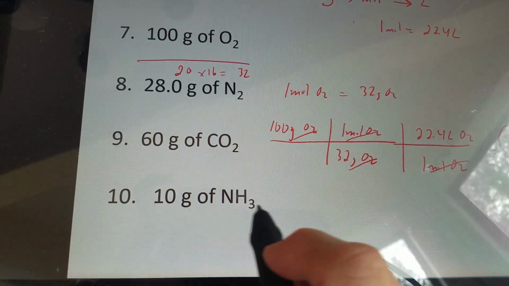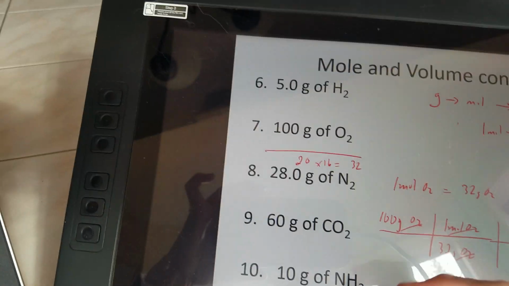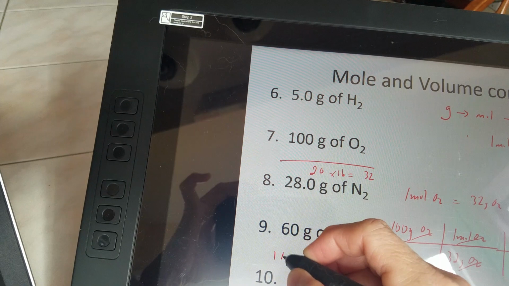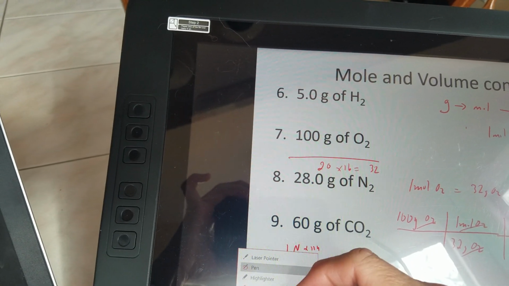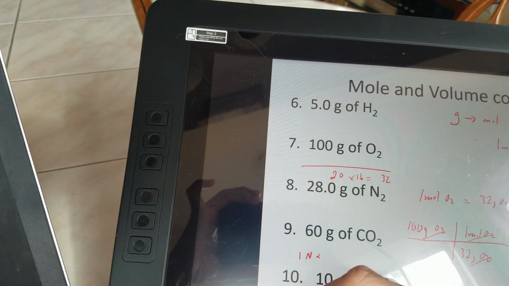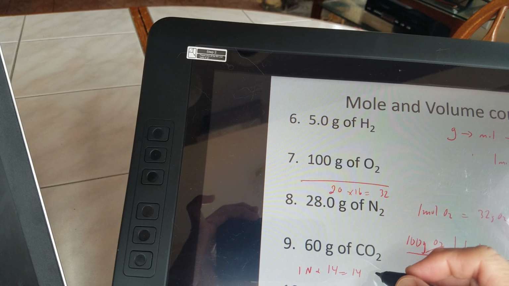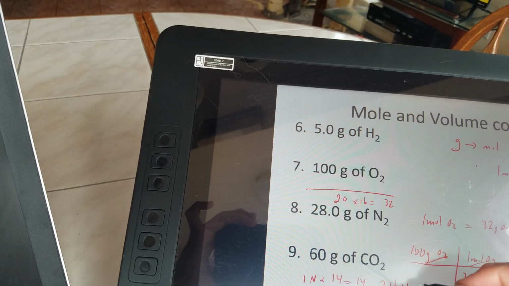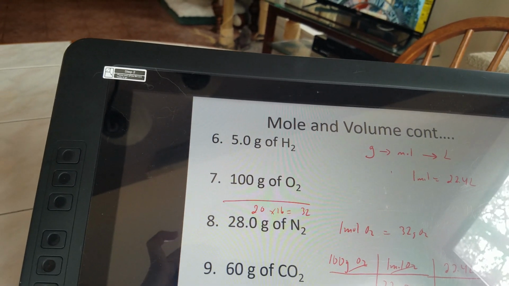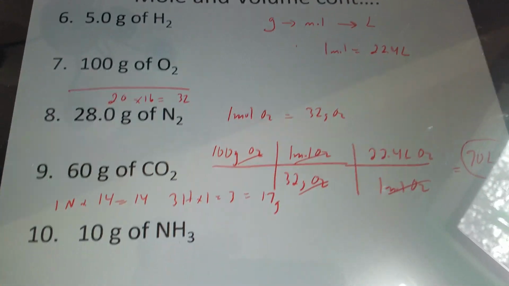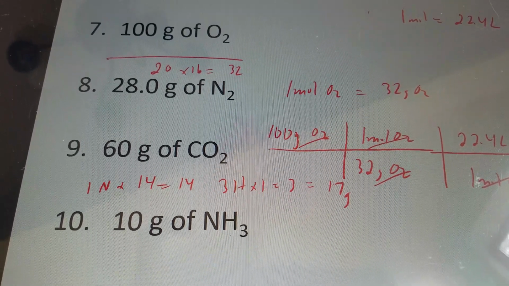So if we have our 10 grams of ammonia, we have 1 nitrogen times 14. And we have 3 hydrogens times 1. So its gram formula mass is going to be 17 grams. That's telling me that in 1 mole of the ammonia, NH3, I would have 17 grams of ammonia.